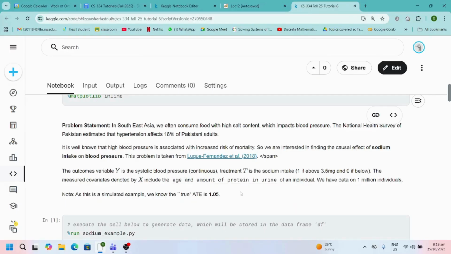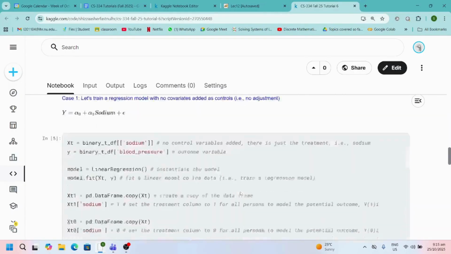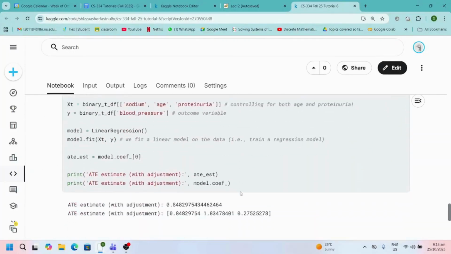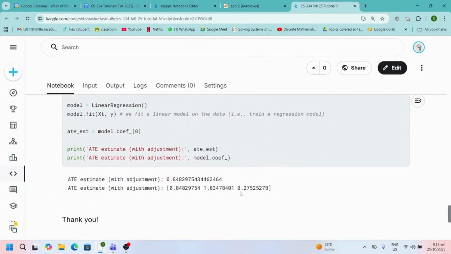Both my treatment and my outcome have a common effect, which is protein in urine. And this is my problem. जो आपके पास colliders होते हैं, you do not control for colliders because when you do control for colliders, you introduce a collider bias. So जब मैंने अपनी regression equation के अंदर collider को भी डाल दिया, so now my result was an underestimate.